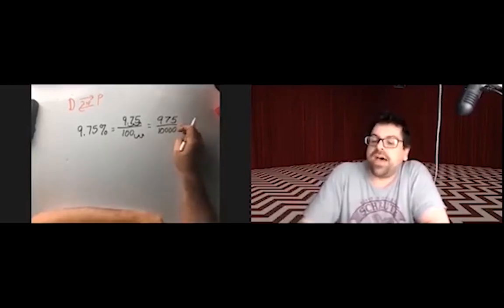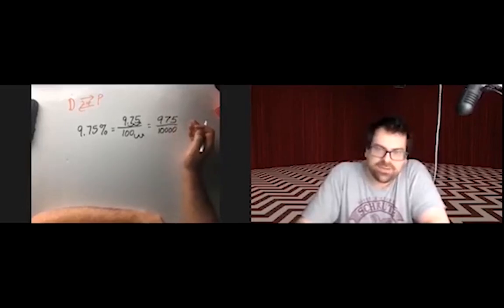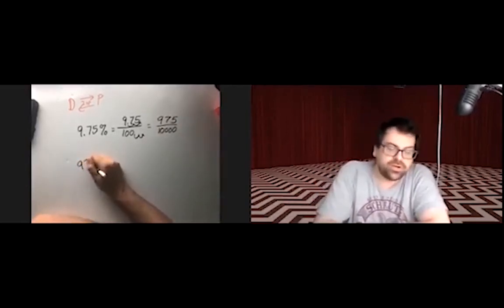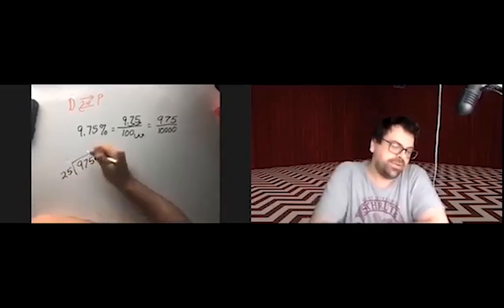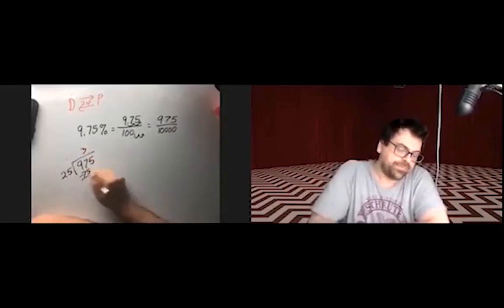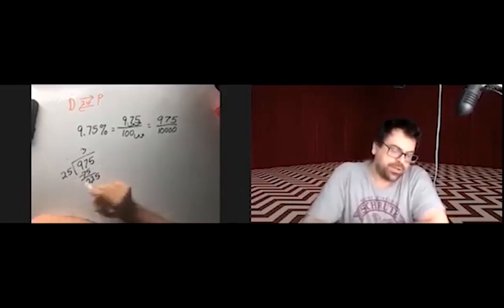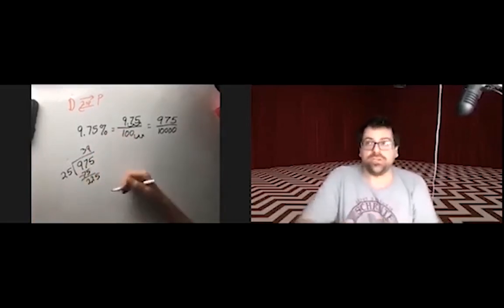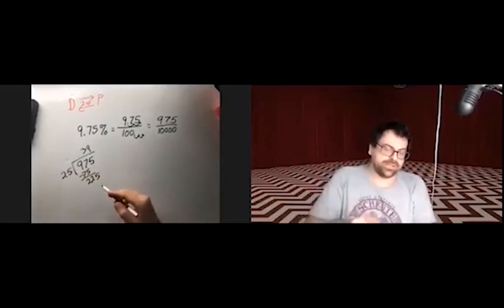Now, instead of dividing by 5, this one ends in 75. It's going to divide by 25. You can keep dividing by 5 if you want. It'll take more steps. I'm going to do a little bit harder division, and I'm going to sacrifice for time. 25 goes in 3 times. Subtract 75, we get 22. 25 will go in 9 times. Think of quarters. 9 quarters is $2.25. 8 quarters would be $2.